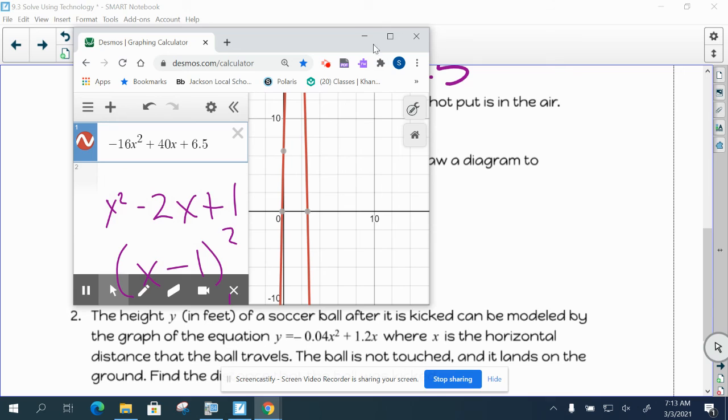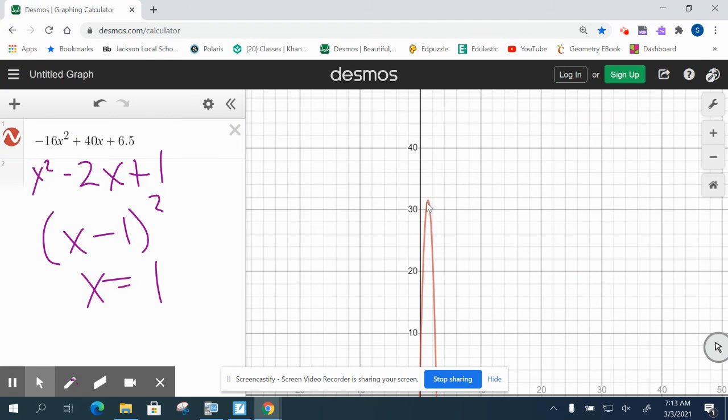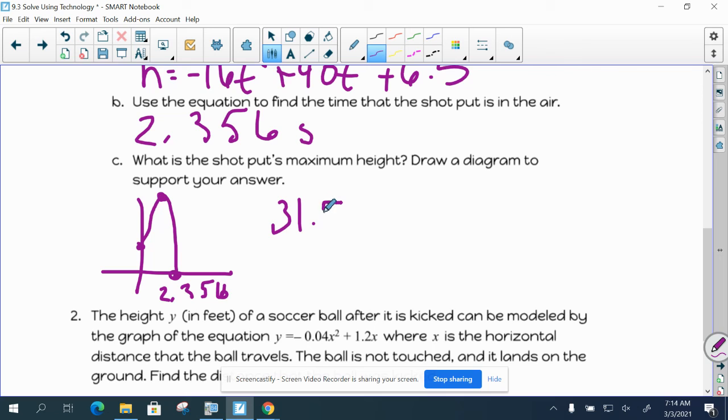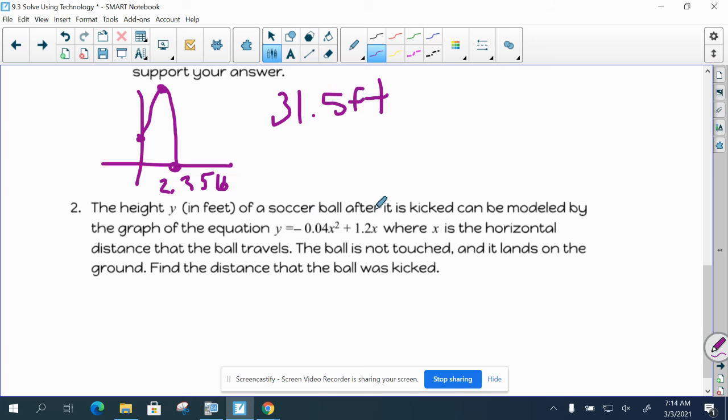And by looking at this, we can zoom out and just click on that top part and it'll show you the maximum height. So the maximum height is at 31.5 feet after 1.25 seconds. So this would be 31.5 feet.